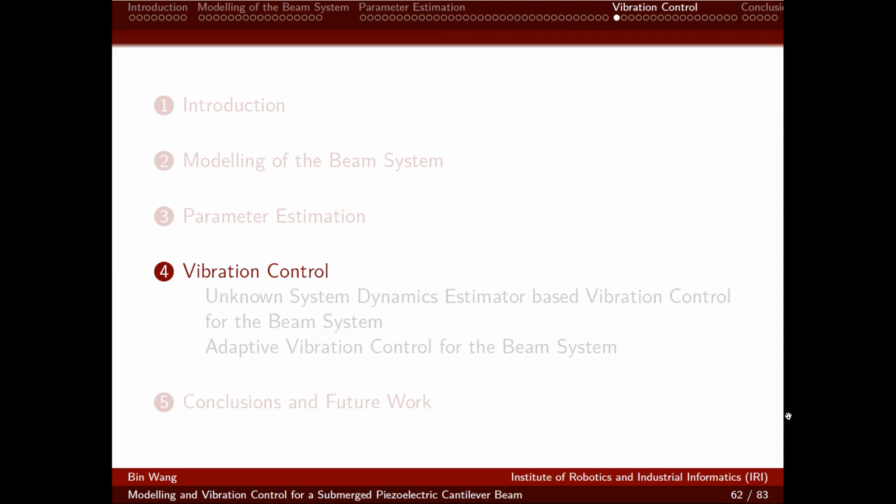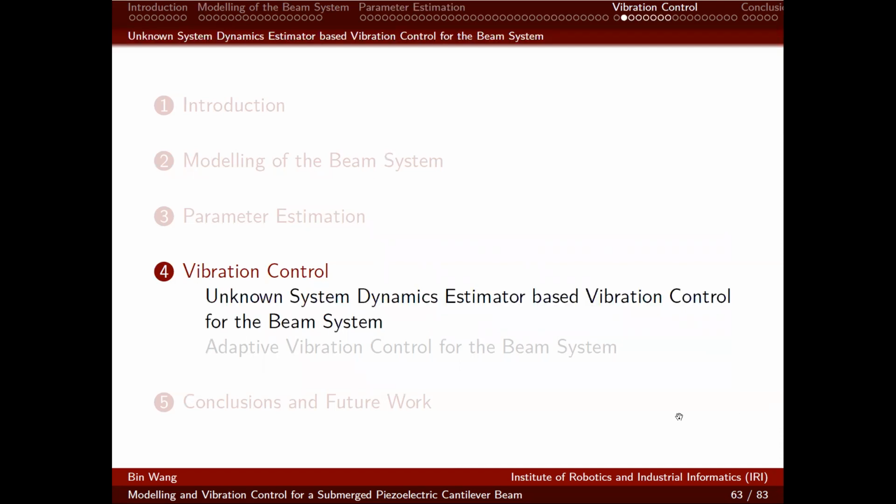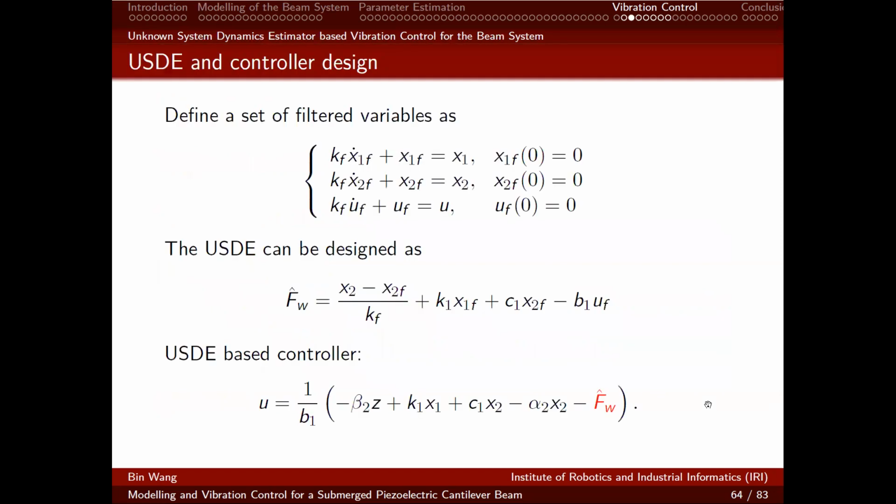So the next part is the vibration control of the submerged beam. First, I introduce the unknown system dynamics estimator-based vibration control. The control objective is to suppress the vibration of the beam.